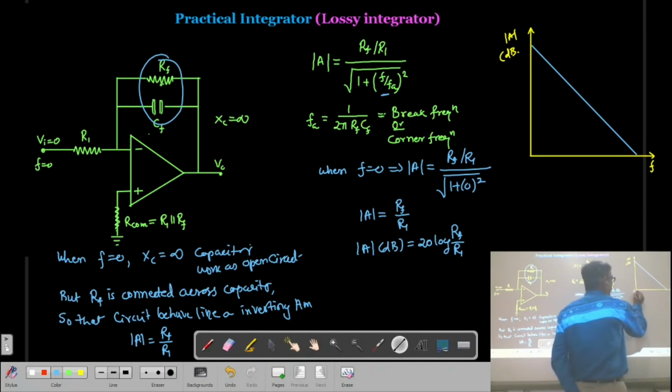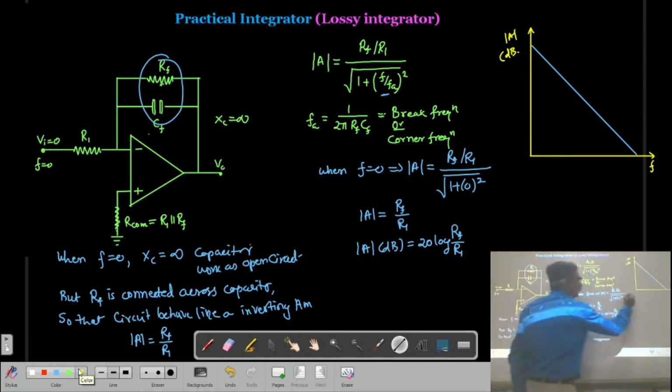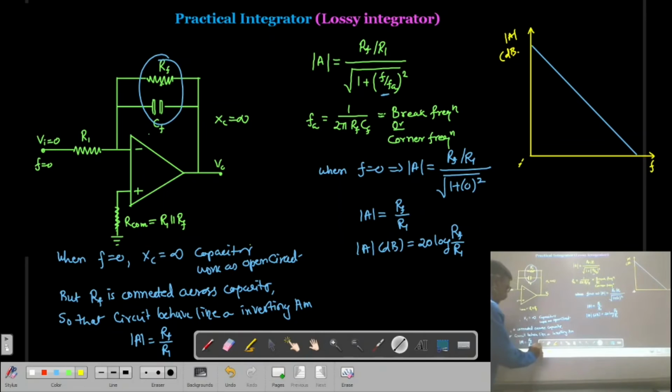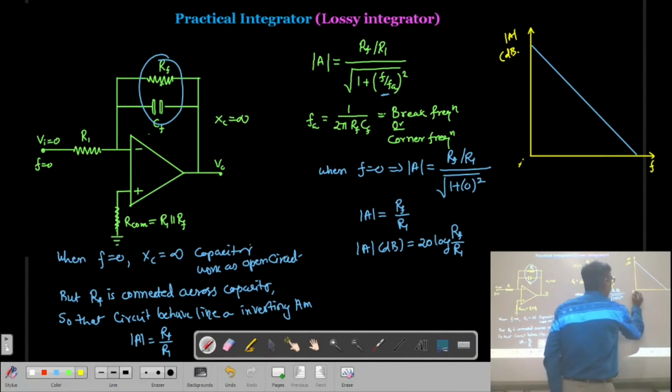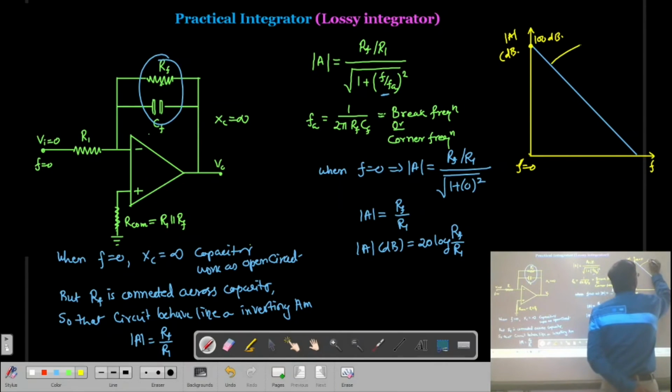At f is equal to 0, the gain was very high, like 100 dB. This is a basic integrator.